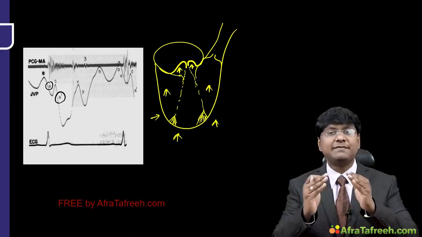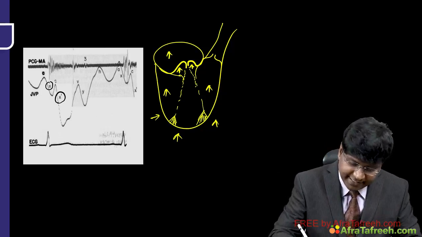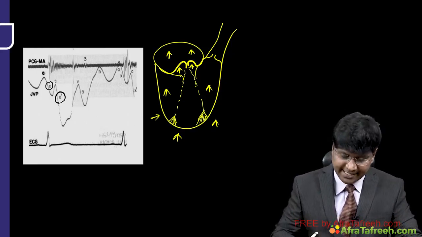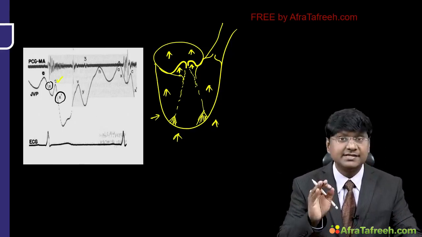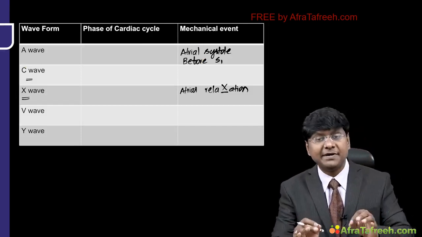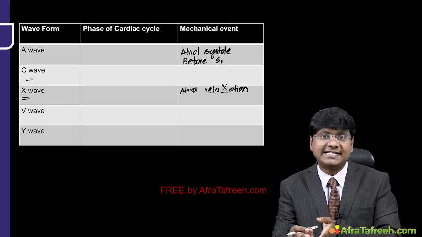Once the tricuspid valve leaflets are pushed into the right atrium, what will happen to the right atrial pressure? The right atrial pressure again increases, and that is your C wave. So the C wave appears during the X wave descent.